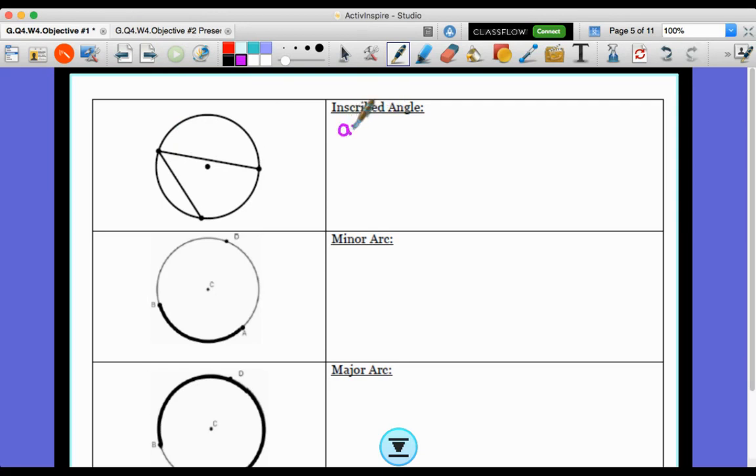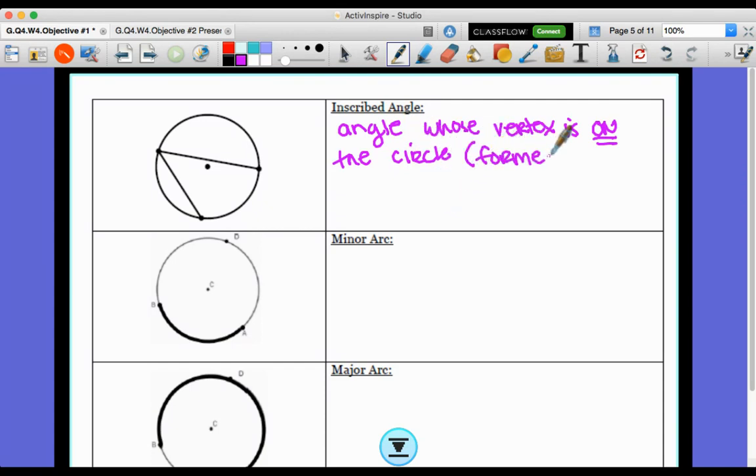So it's an angle whose vertex is on the circle, right? And it's formed by, what are these called? Two chords.